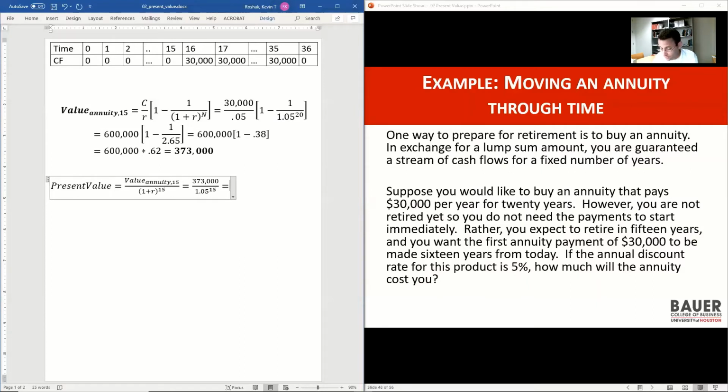Hence, we can calculate the present value of this annuity that doesn't start for another 15 years as about $180,000. Okay. So if you're hoping to retire in 15 years and you want to get these payments when you retire, you need to have $180,000 on hand in order to purchase that annuity.